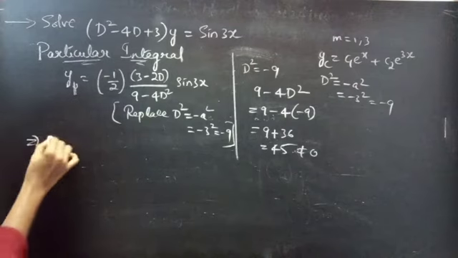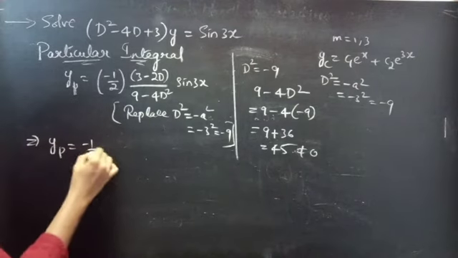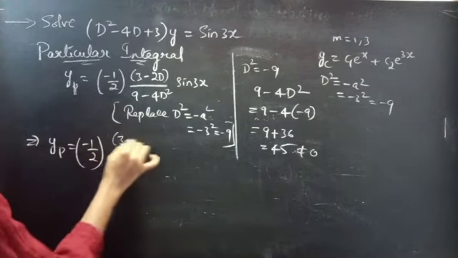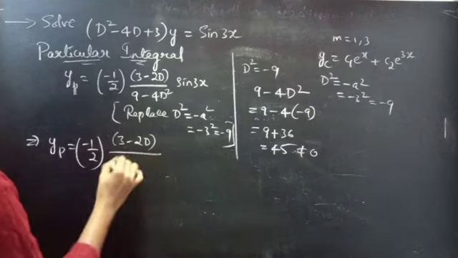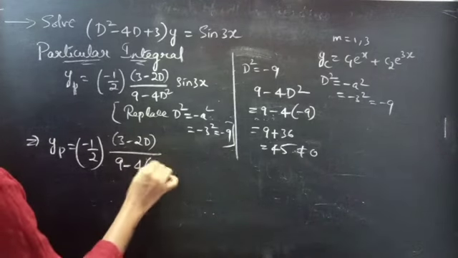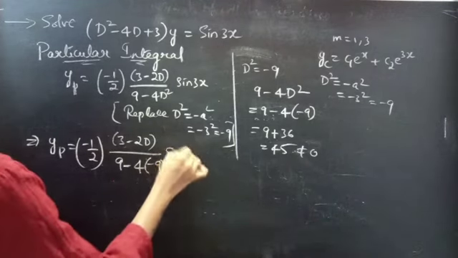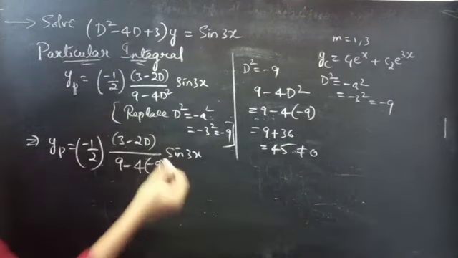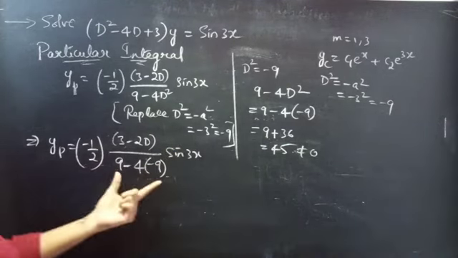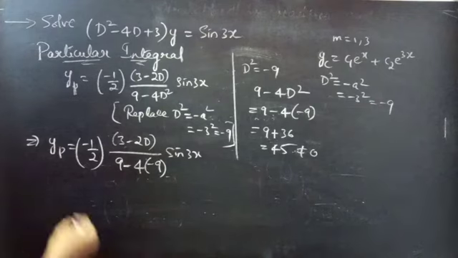Then yp equals 1 by 2 into 3 minus 2D by 9 minus 4 into minus 9 sine 3x. We'll just replace D square by minus 9. We already know that this is not going to be equal to 0.